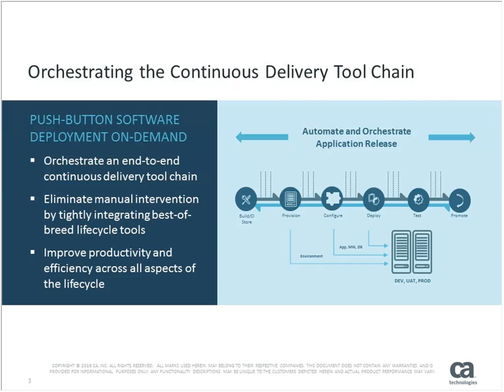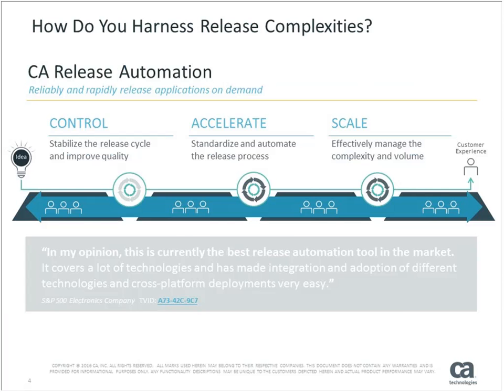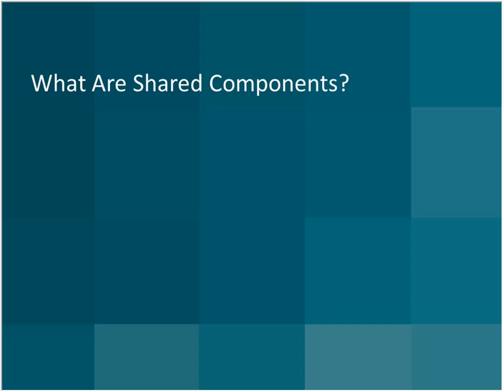This allows you to have better control and accelerate, because you can version the shared component and see how it's going to be used. It allows you to harness release complexities, reducing this complexity to a set of generic components that can be used by the different applications, specifically if you're trying to repeat the same thing over and over again.